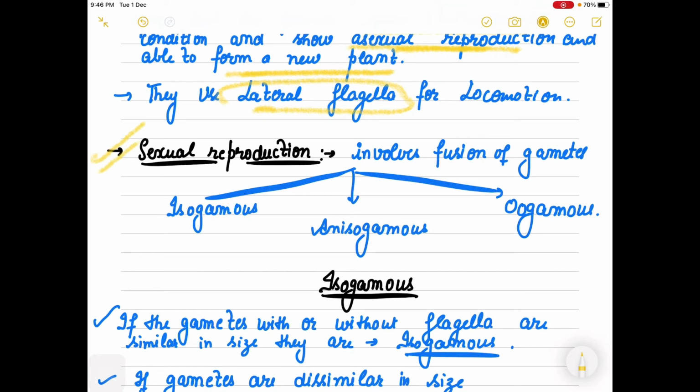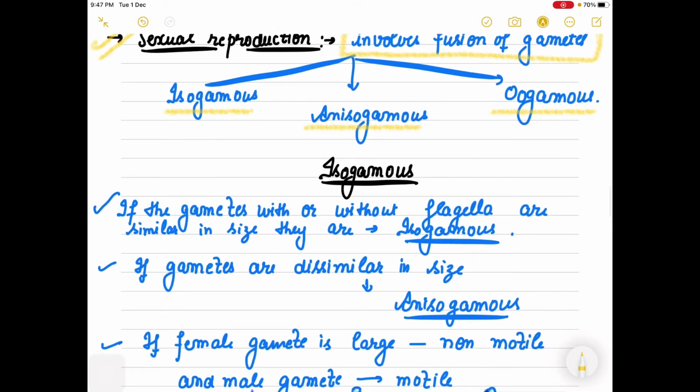Now we come to the third main reproduction, that is sexual reproduction. It involves fusion of gametes, but the fusion can be isogamous, anisogamous, or oogamous. Iso means similar: both the gametes are similar in size.